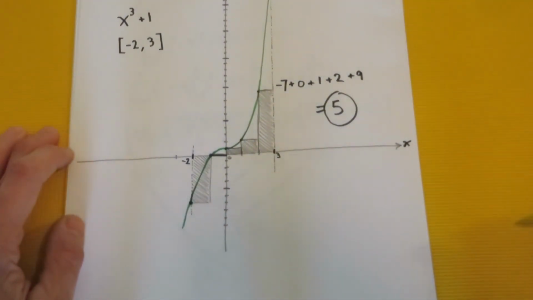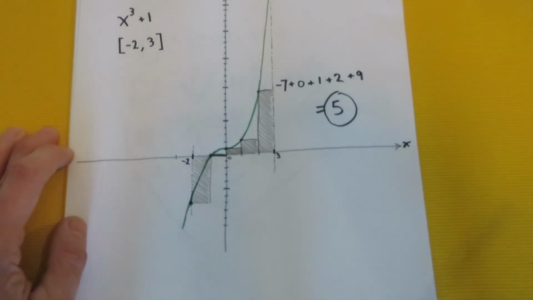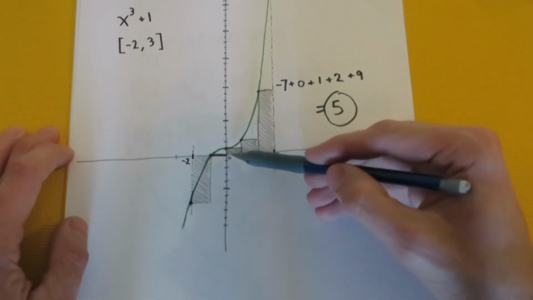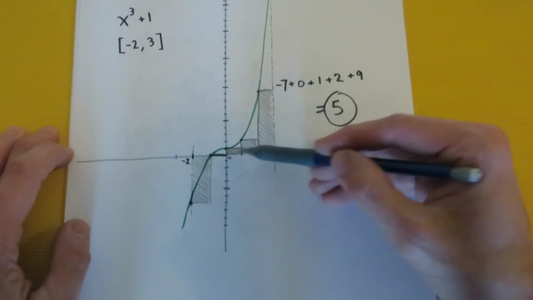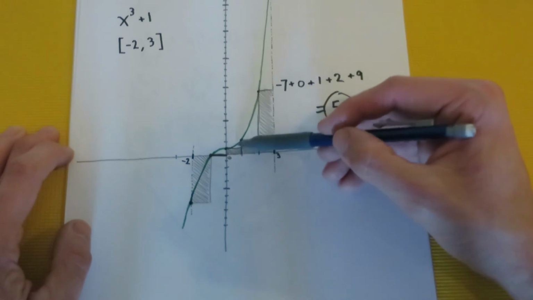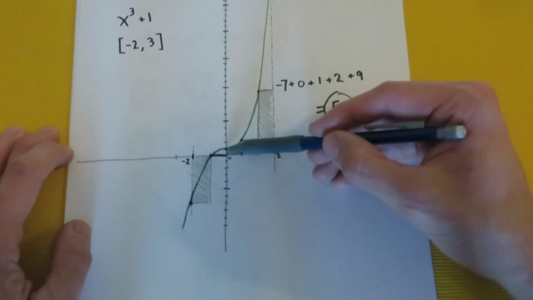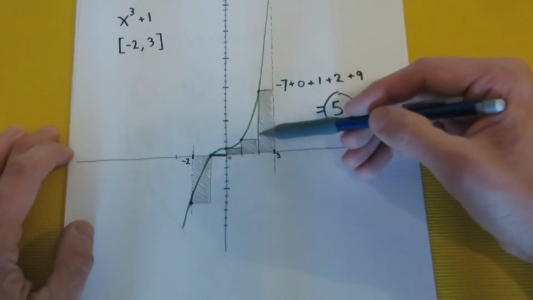Now, keep in mind, this is not the same as the integral. This is not the same as the area under the curve here. In fact, if you look at the interval from 0 to 3 especially, this represents the greatest interval of our function here, and this is going to be curving upward, so that means that we're going to have an underestimate under this curve.